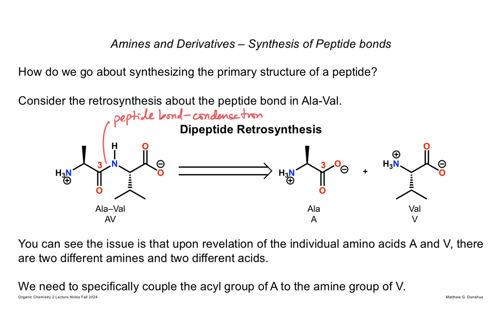So if we split that, we're ending up with the alanine and the valine. So when you condense that alpha amino acid, so the amine with the carboxyl residue, it's a condensation in the sense that we're losing H2O.